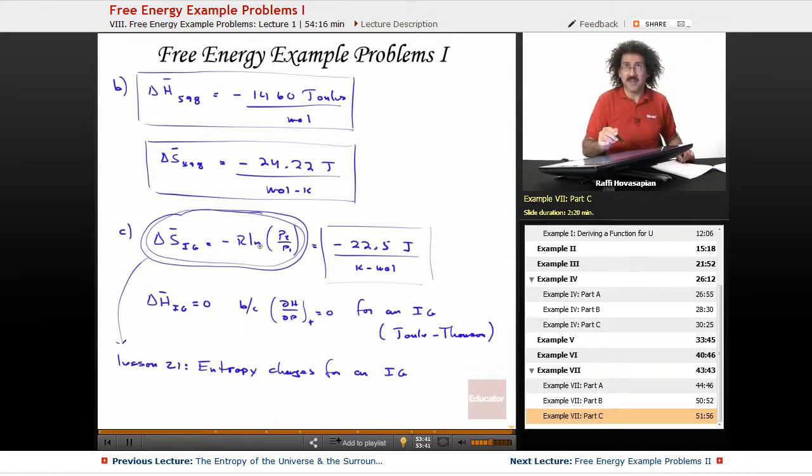This was the first half of the expression for the van der Waals gas that we just did in part A. The van der Waals expression was minus 22.5 minus another value. So that minus 22.5 takes care of the ideal gas portion of the van der Waals gas. And then because it's a van der Waals gas, there is actually an additional term.